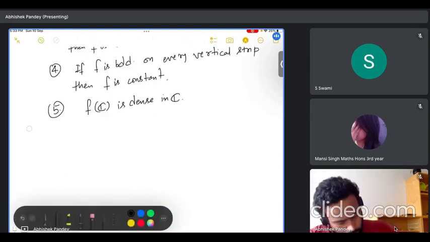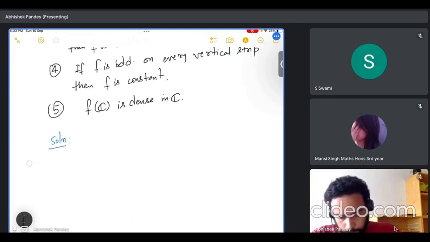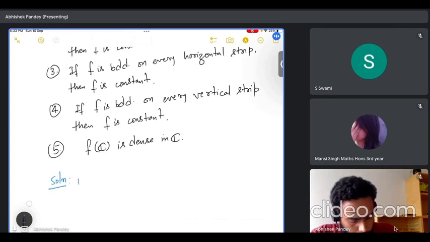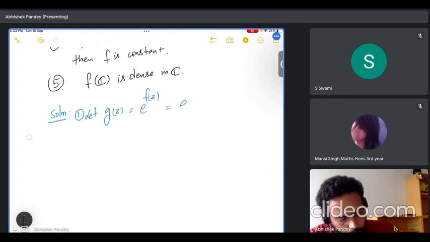Yeah, so okay, solution. First let us see the first one. So consider g(z), let g(z) equal e to the power f(z). This is e^u times e^(iv).